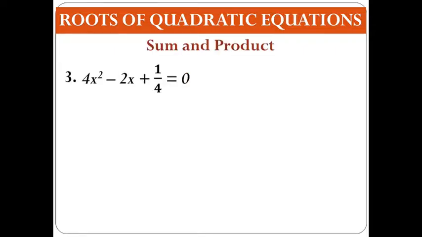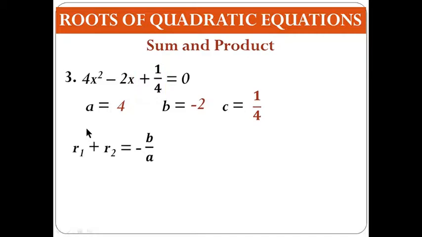Pangatlong halimbawa, 4x squared minus 2x plus 1/4 is equal to 0. Kung napapansin, yung given equation ay naka-standard form na siya. So, we can identify na yung ating a, b, and c. So, a is positive 4 or 4, b is negative 2, and c is positive 1 over 4 or 1/4.